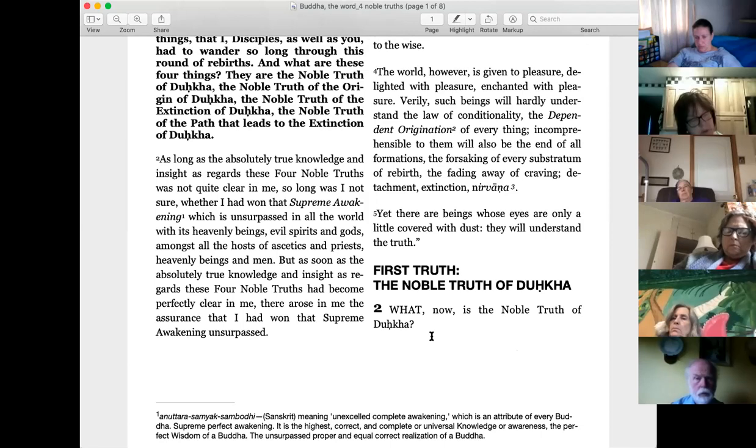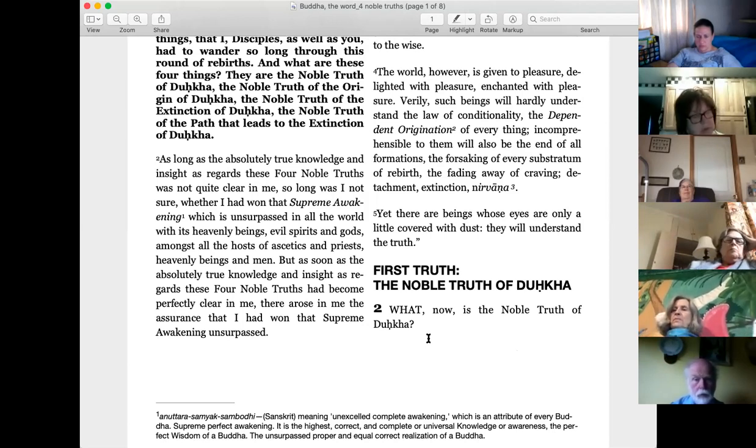So the first noble truth is the truth of dukkha. Now, some of you might be wondering, what is dukkha? I keep saying dukkha, dukkha, dukkha, and I haven't explained it. There's a reason why I try to use dukkha only. Most of the time, the translation is suffering.